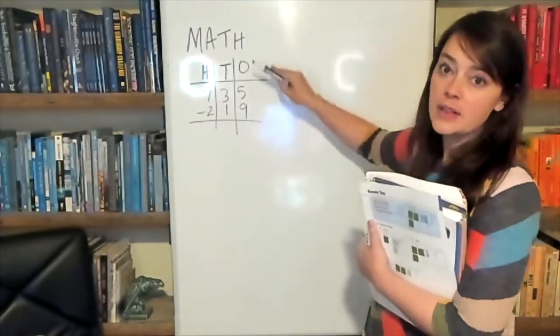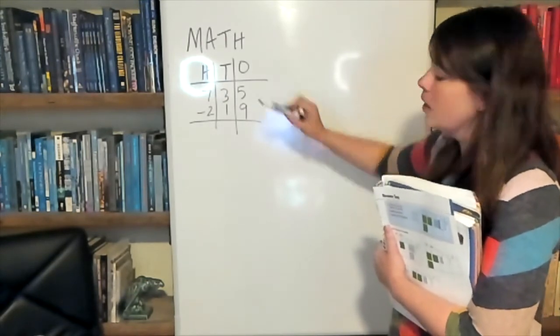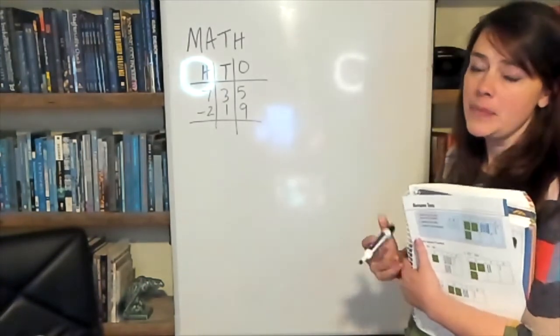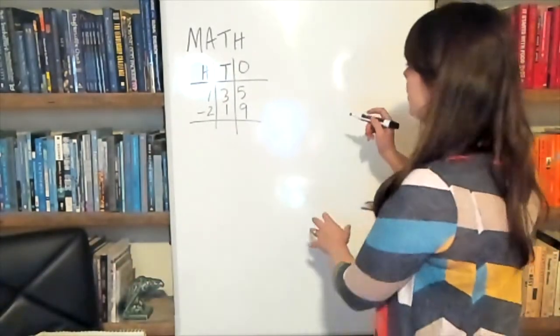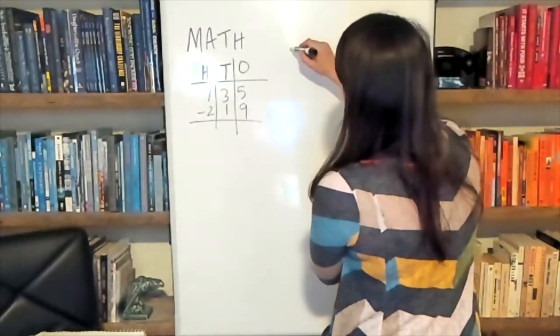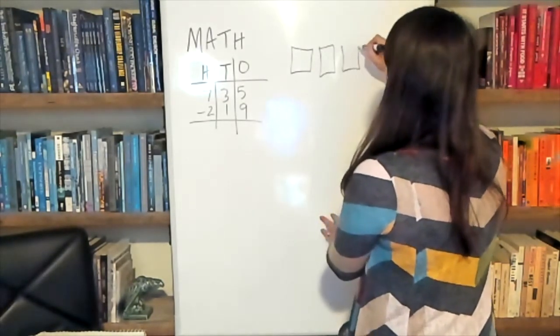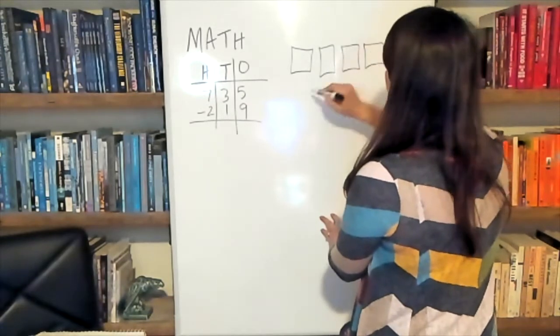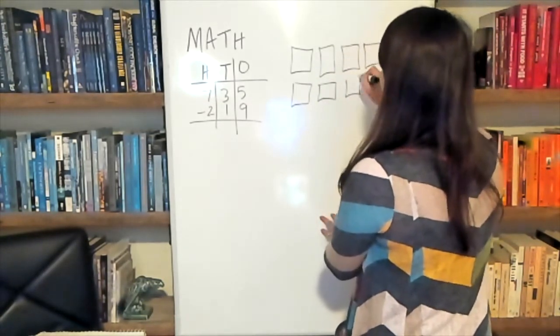And I want you to notice, because we know we always start in the ones place, this is asking us to take 9 away from 5, right? And we know you can't do that. Let's picture this number: 100, 200, 300, 400, 500, 600, 700.